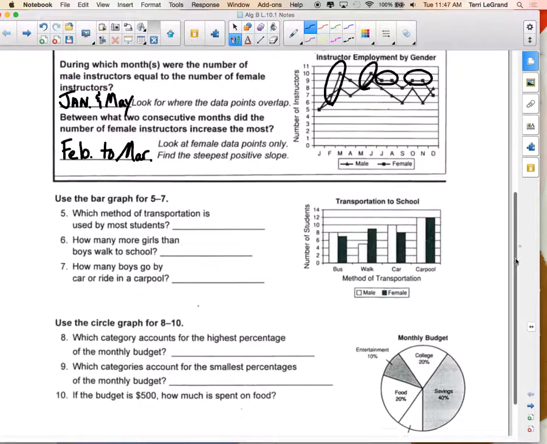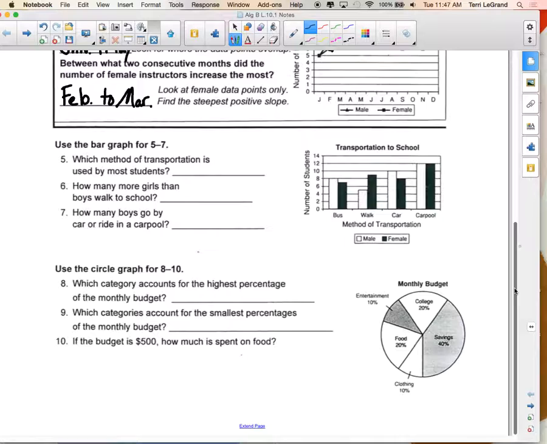Okay, let's go down here to our next one. And I want you to answer 5 through 7 on your own. Analyze the graph first.